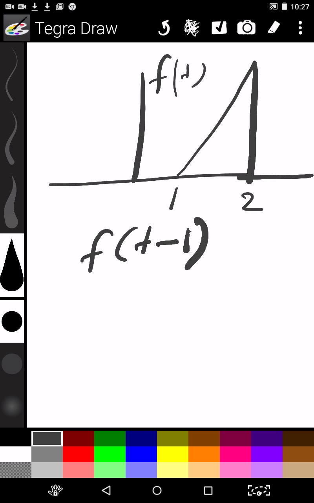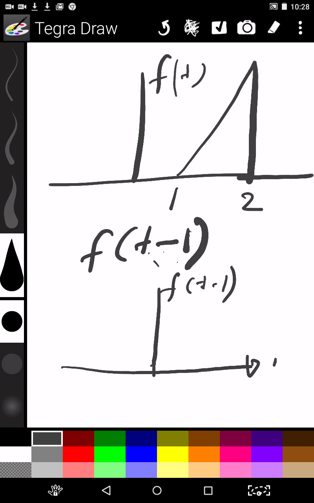Here the same thing applies. In the argument t minus 1, 1 is subtracted from t. We have to do the opposite action on every value of the time axis.